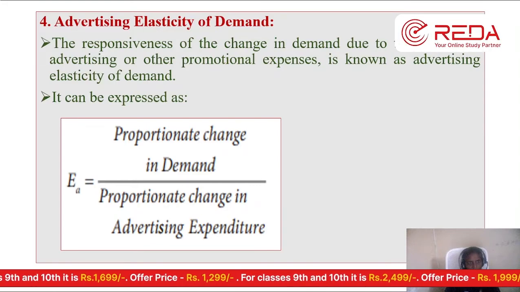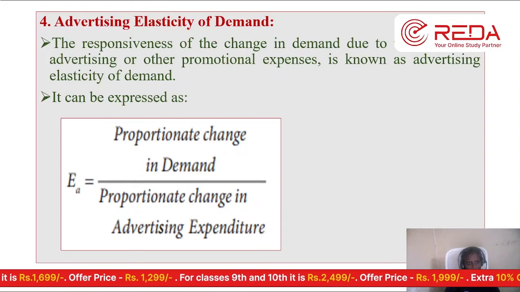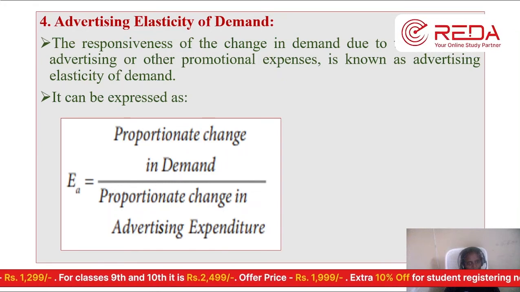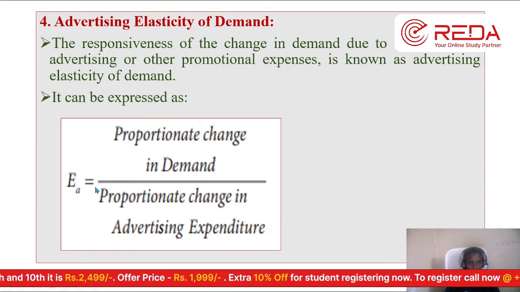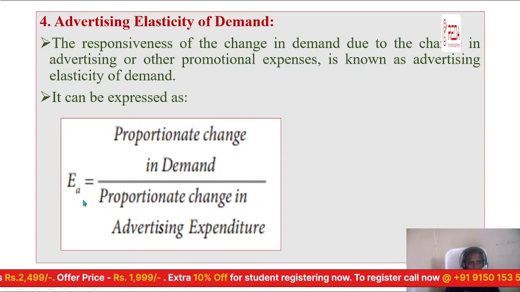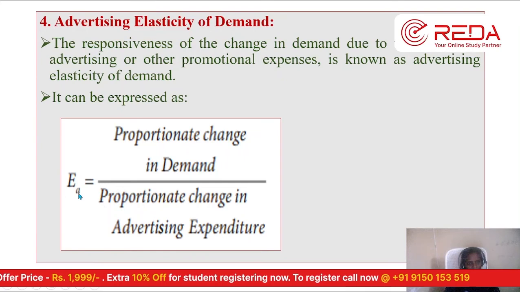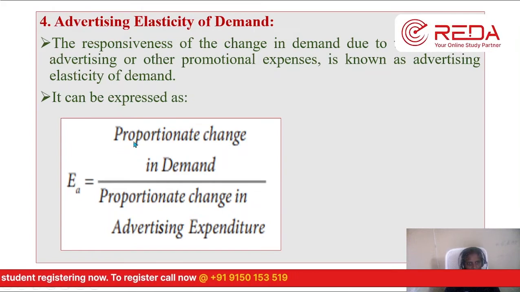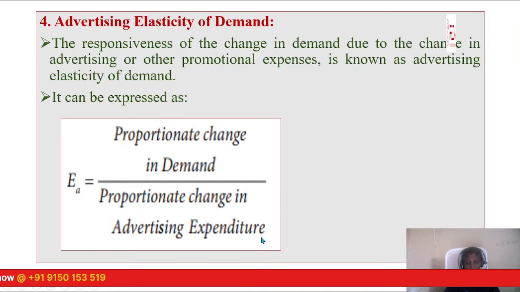So advertisement is also one of the factors for the increase or decrease in the demand for a commodity. We write this as E_A, where A is the advertising and E is the elasticity of demand. So we write it as proportionate change in demand by proportionate change in advertising expenditure.